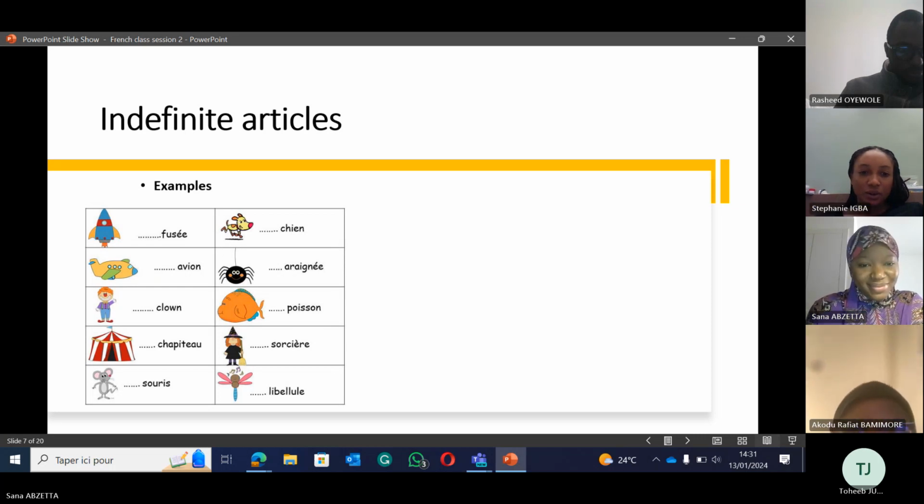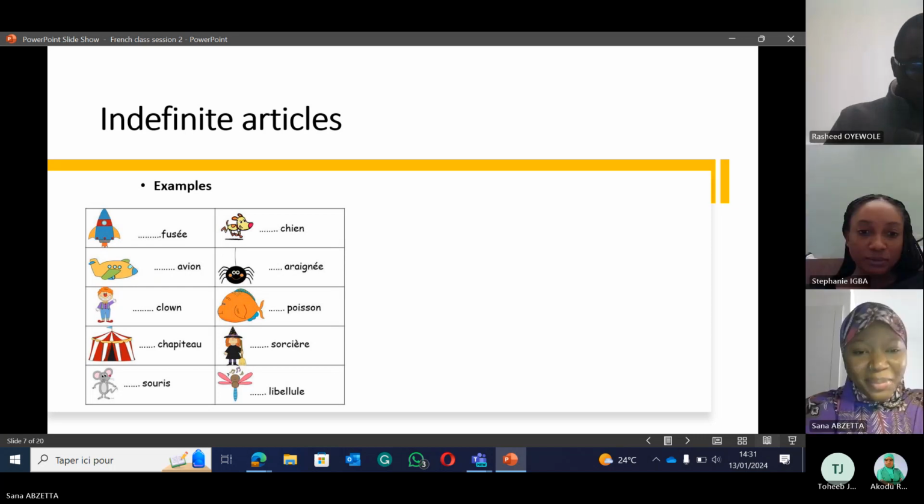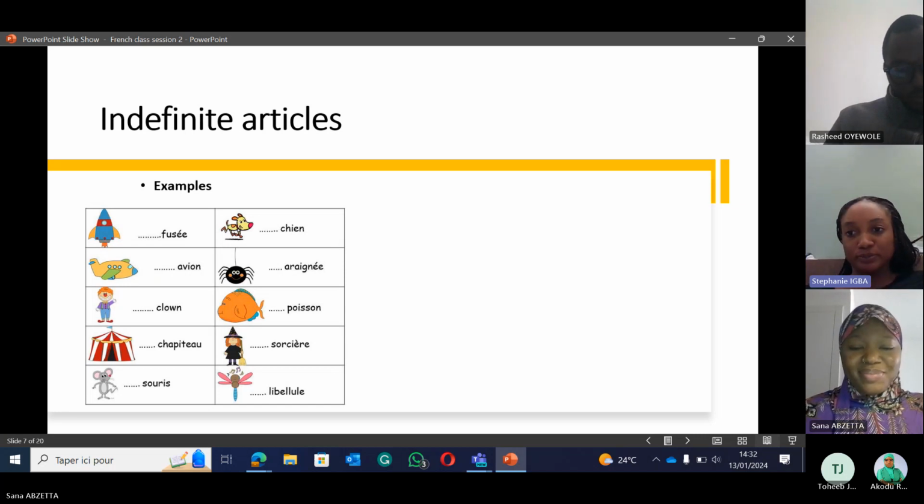Un chien. Une araignée. Un poisson. Une sorcière. Une libellule. Good. Perfect. 10 out of 10.